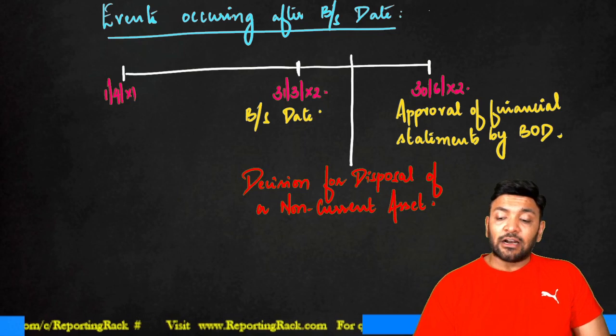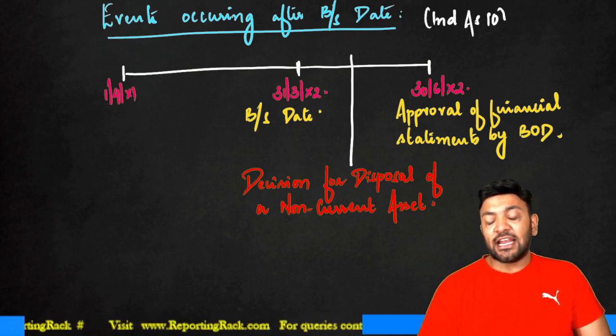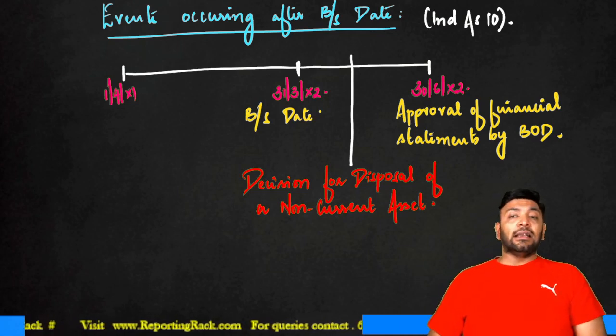This should be governed by IND AS 10. Events occurring after balance sheet date should be covered under IND AS 10.